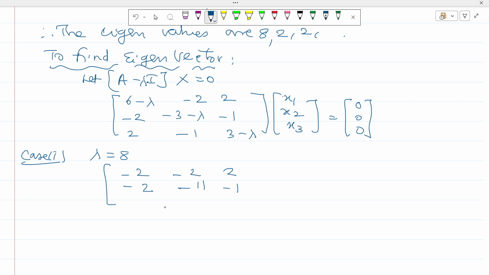Then 2, minus 1, 3 minus 8 is minus 5. The matrix entry is plus 3, it is not minus 3. Plus 3 only.